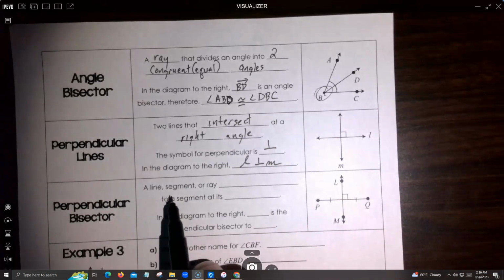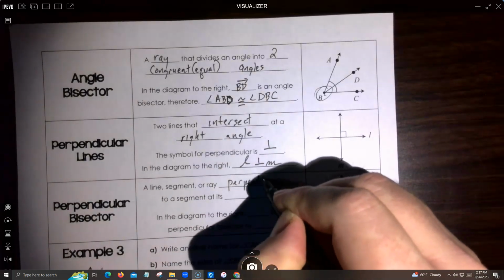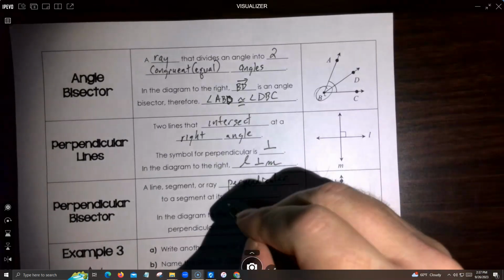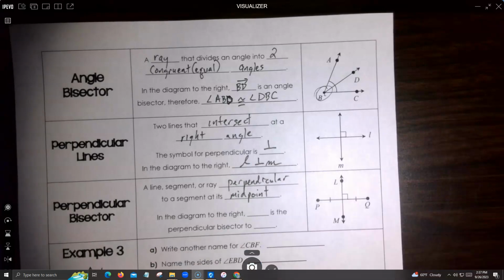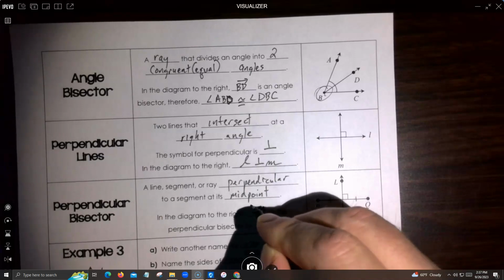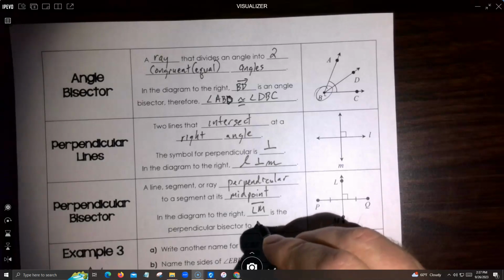A perpendicular bisector is a line, segment, or ray perpendicular to a segment at its midpoint. And we talked about midpoint in our last lesson about line segments. In the diagram, LM, a line segment, so we put a line segment symbol over the top, is perpendicular to line segment PQ.